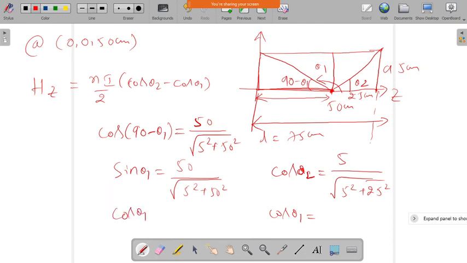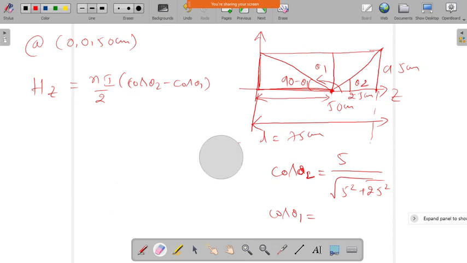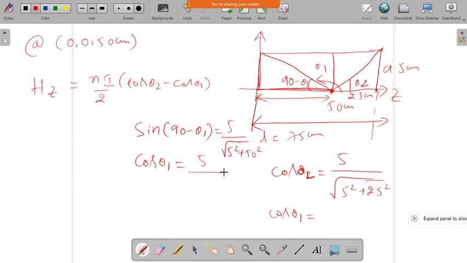So if I find out sin of 90 minus theta 1, you will get cos theta 1. So that will be equal to 5 divided by square root of 5 square plus 50 square, which is nothing but the same thing whatever we get here. Square root of 5 square plus 50 square, here it is 25 square. So this is cos theta 1 and this is cos theta 2.